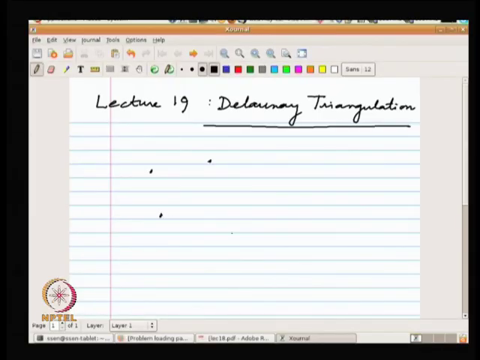Whereas the Delaunay triangulation, okay, directly connects the points by edges, right. So, for instance, if I have these points and my Voronoi diagram looks something like this. Okay. The Delaunay triangulation actually connects the points directly, right. So, here is a Delaunay triangle, okay. Here is the other Delaunay triangle.